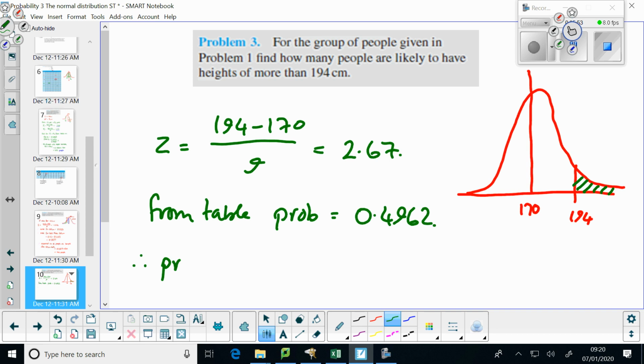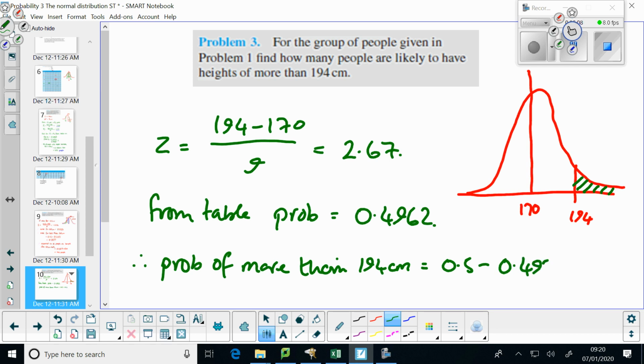Therefore, probability of more than 194 is 0.5 minus 0.4962, which is 0.0038.